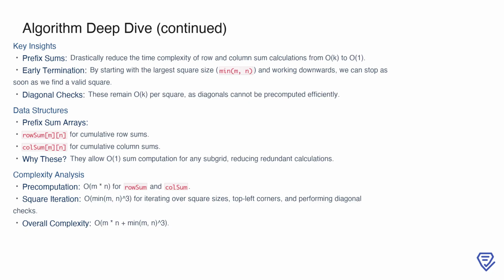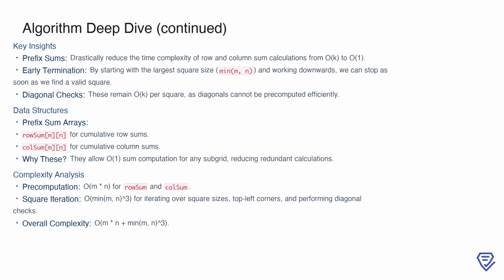To implement this approach effectively, we rely on data structures such as the prefix sum arrays rowSum and colSum, which store cumulative sums for rows and columns respectively. These arrays eliminate redundant calculations during the magic square verification process. In terms of complexity, the pre-computation step takes O(m*n) time to build the prefix sum arrays.